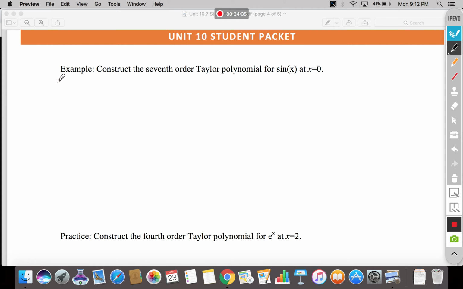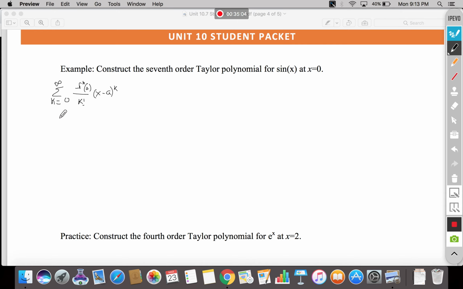I'll just write out the sum here: k equals 0, the kth derivative of f at a over k factorial times x minus a to the k. I need all of those terms.